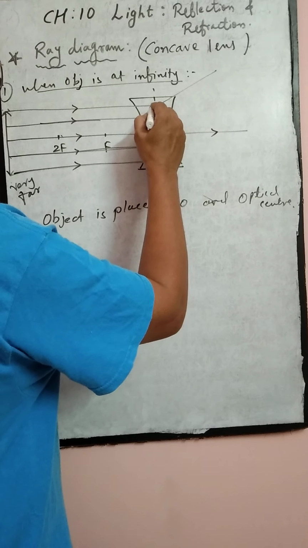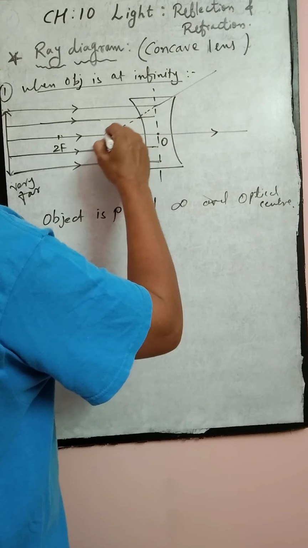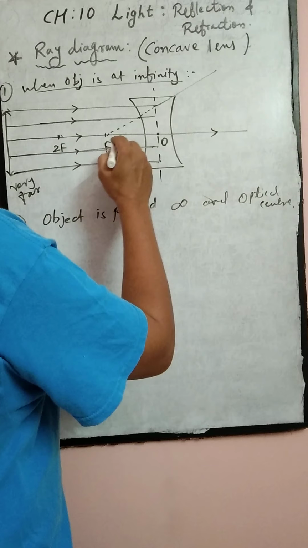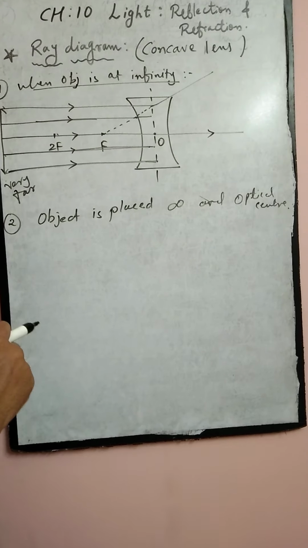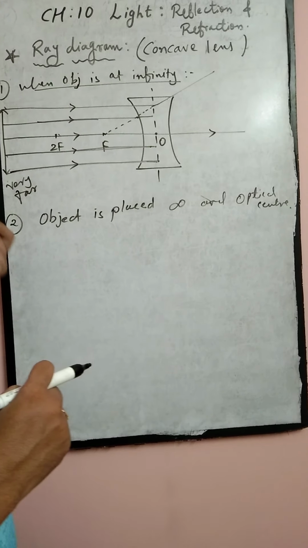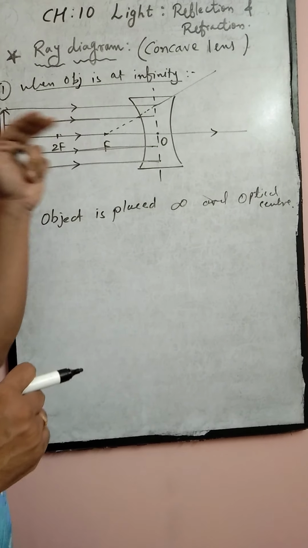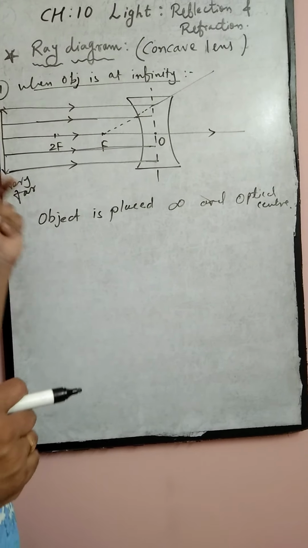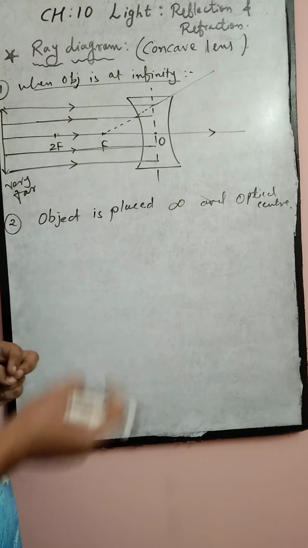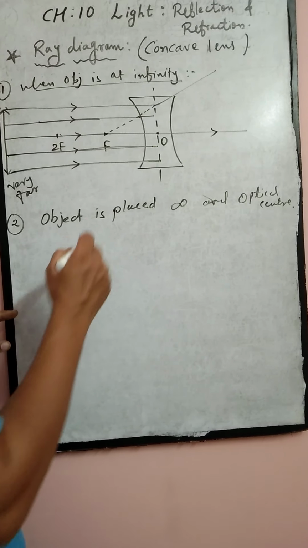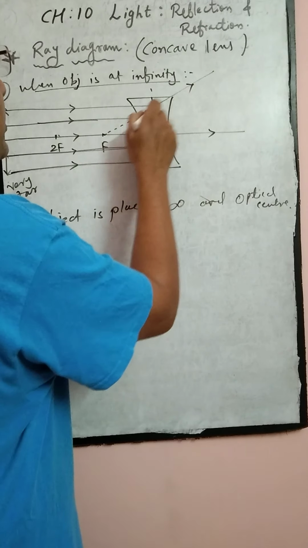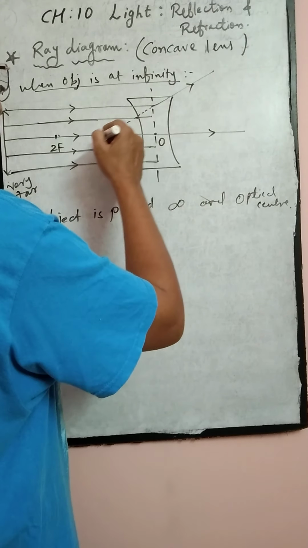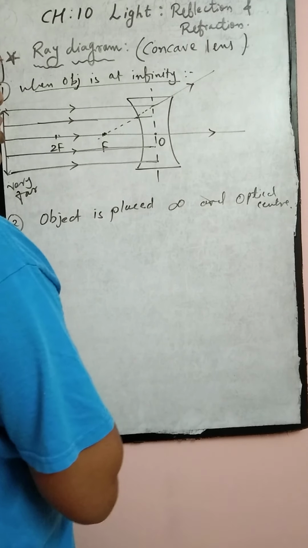They will diverge in such a way that when you extend them, they pass through the focus point. This is an important point you have to remember: when a light ray is incident parallel to the principal axis, it will either meet or appear to meet at the focus point. So this incident ray is diverged in this direction, but when you extend the ray, it will meet at the focus point.